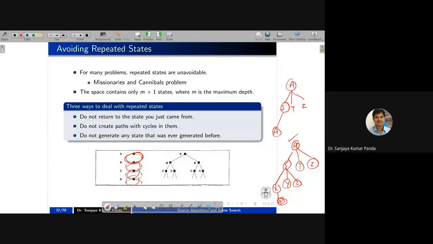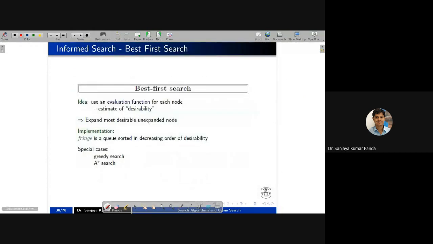Okay, let us proceed. The informed search. So in informed search, we will see best path search, we will see the A star algorithm and the AO star algorithm. We will also see the hill climbing algorithm. So the main idea of this best path search is that it uses an evaluation function for each and every node. In the uninformed search strategy, we are not looking into that particular evaluation.